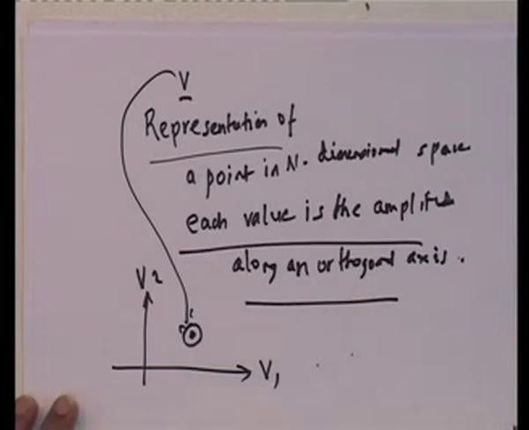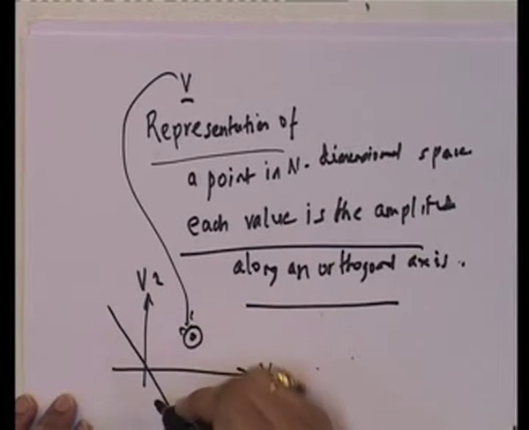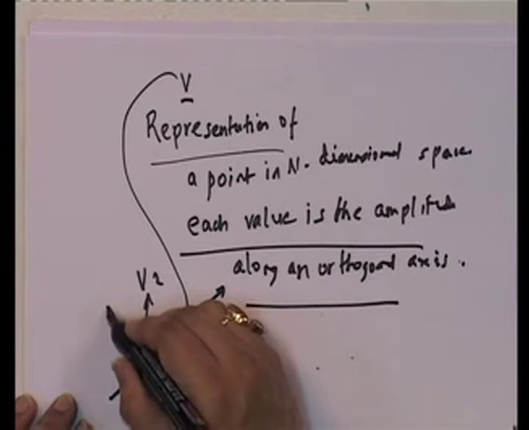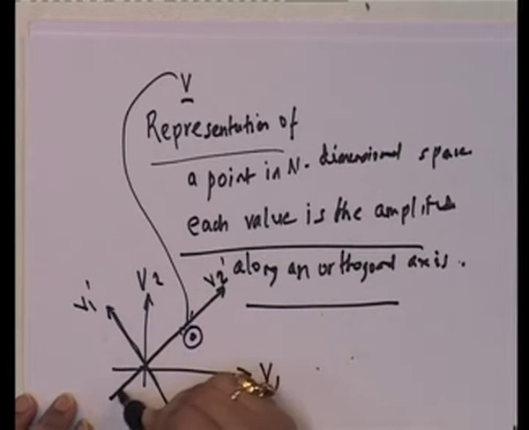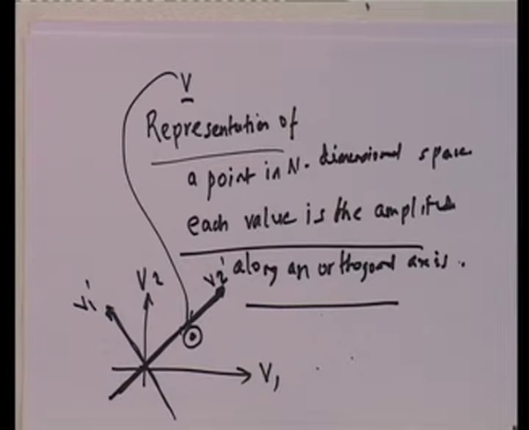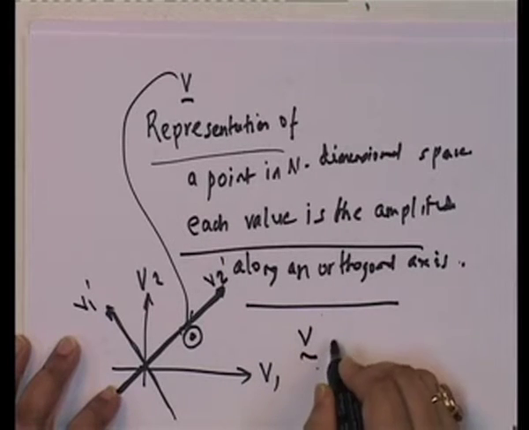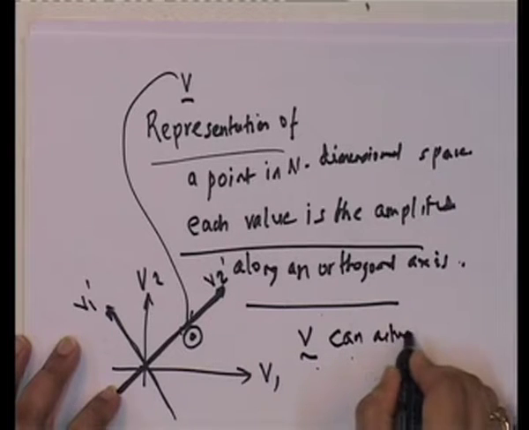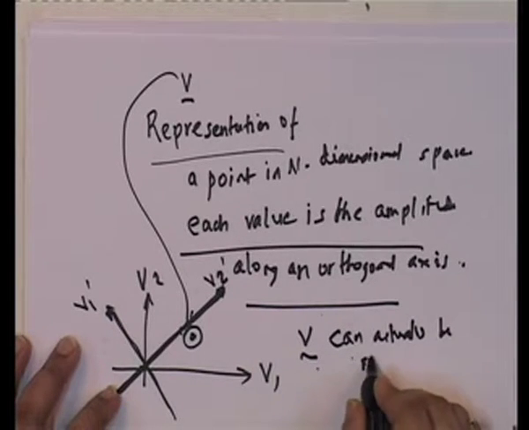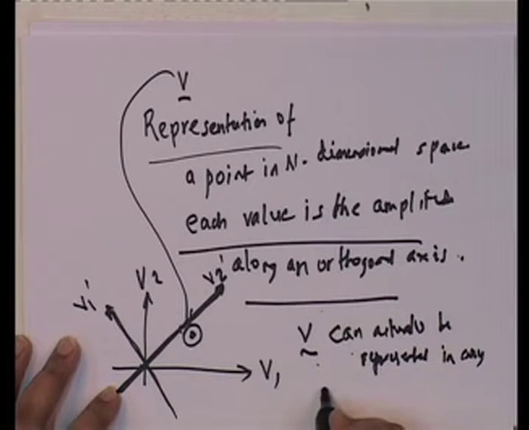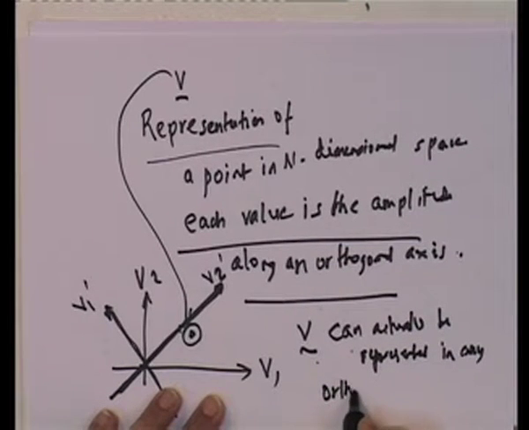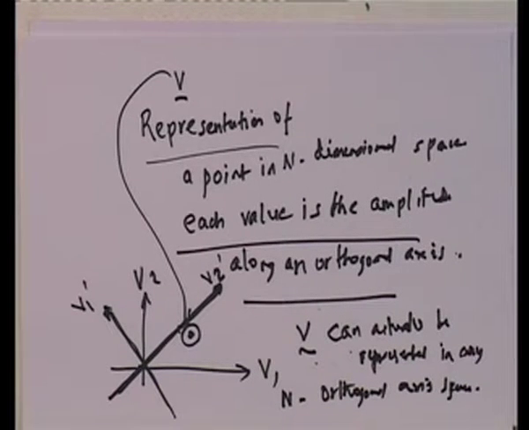Now, if you look at it, this point, this V, can actually be represented in any orthogonal axis space, as long as it is an n orthogonal axis space.